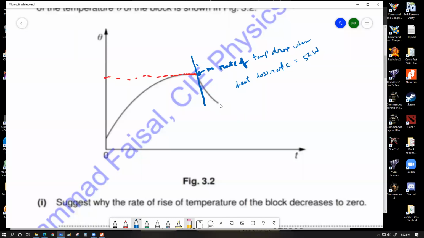Now see if you can make sense of this. The gradient of this tangent at the steepest point gives us this rate of temperature drop. I'm using rate of temperature drop because we have theta here, t here. So the gradient is going to give you theta over t. So this is going to give us the rate of temperature drop when heat loss rate is equal to 54 watt. Does it make sense?